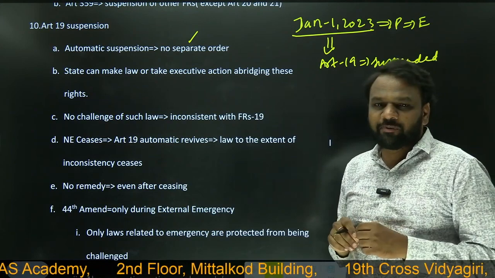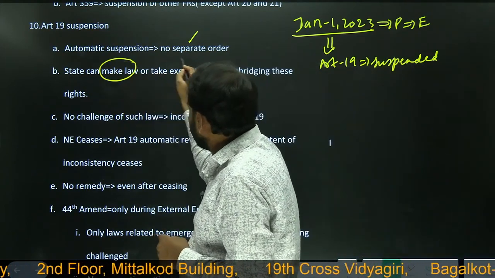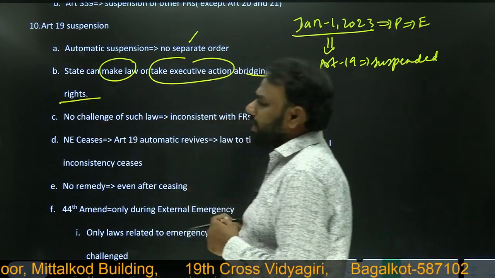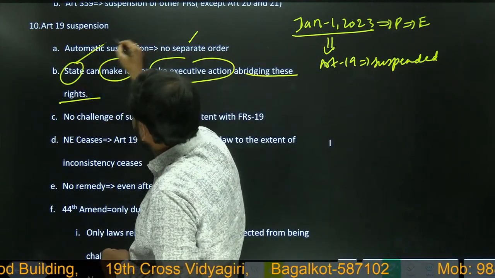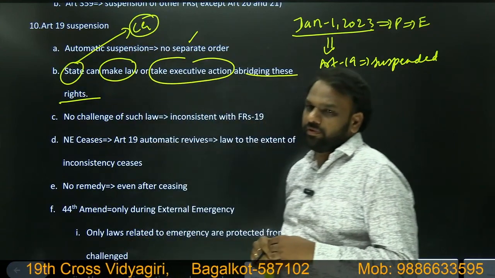What does it mean, suspended? It means the state can make law or take executive action abridging these rights. When I say state here, you should imagine it as the central government.